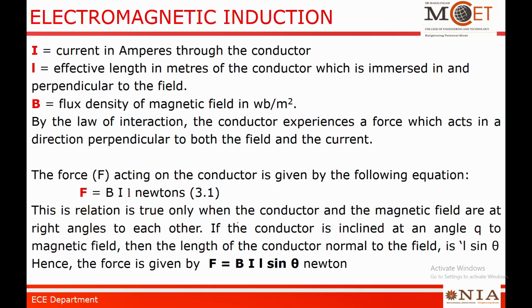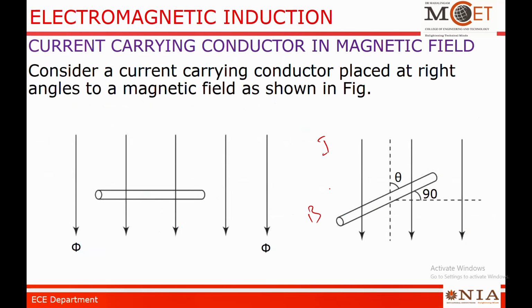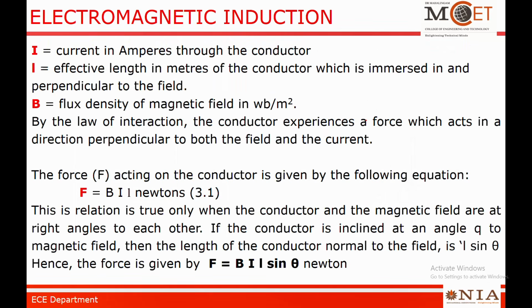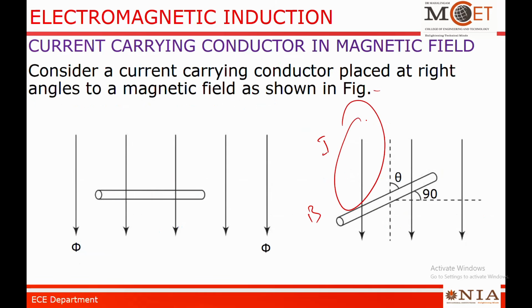The force F is defined with respect to B, I and L. B is the flux density of the magnetic field, denoted by the letter B. L is the effective length in meters of the conductor which is immersed perpendicular to the field. So L is the length of the conductor.